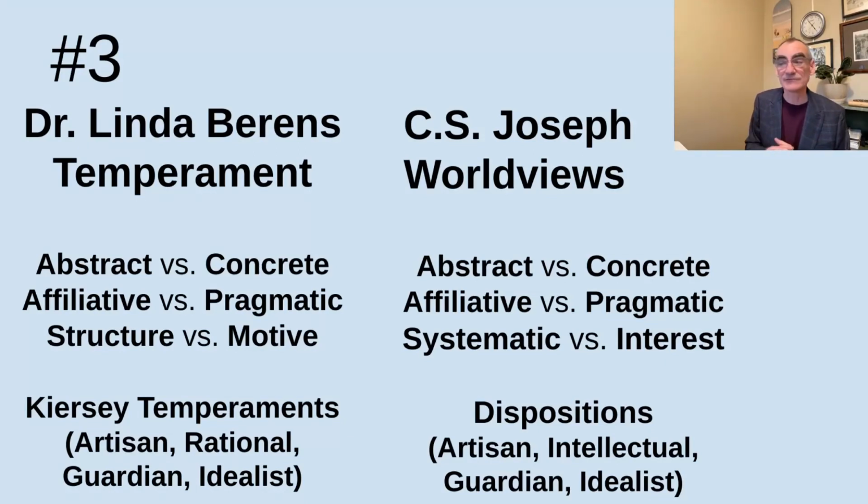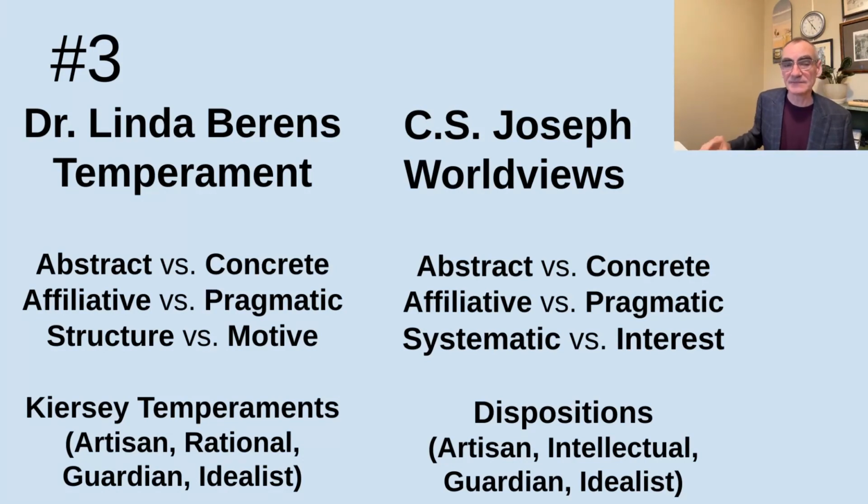C.S. Joseph has worldviews in Type Grid Companion: abstract, affiliative, systematic. Dr. Berens is a peer of David Keirsey and mentions the Keirseyan temperaments of the artisan, the rational, the guardian, the idealist. C.S. Joseph has got dispositions: the artisan, intellectual, the guardian, and idealist.